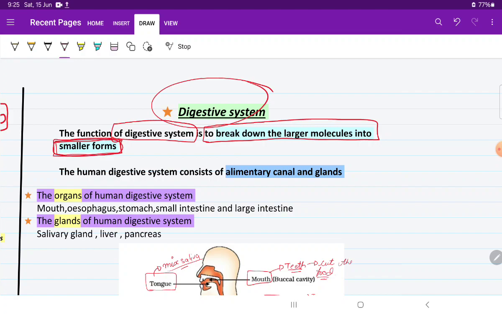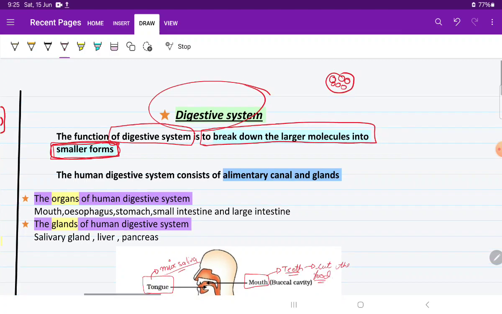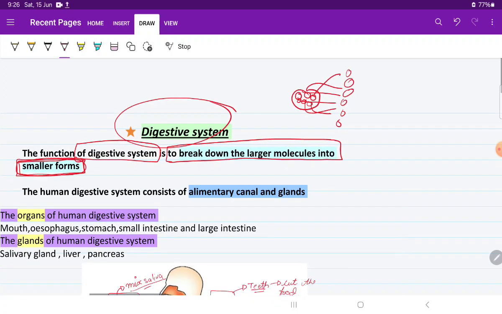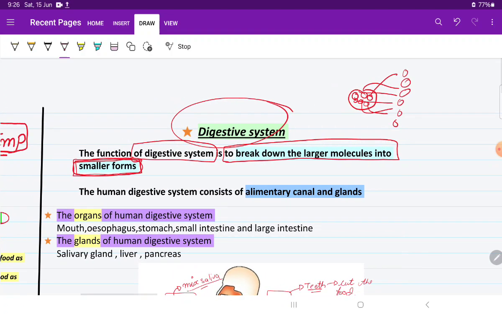That means one food has 3-4 compounds in it. When it digests, all the compounds are broken down into different particular things. Okay, so this is the definition: the function of the digestive system is to break down the larger molecules into the smaller forms.